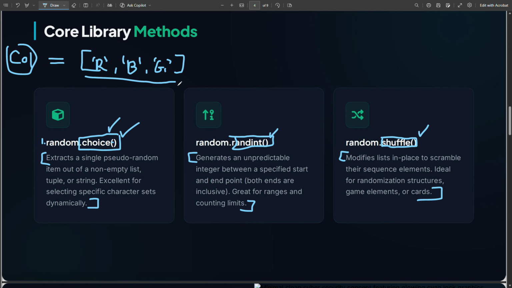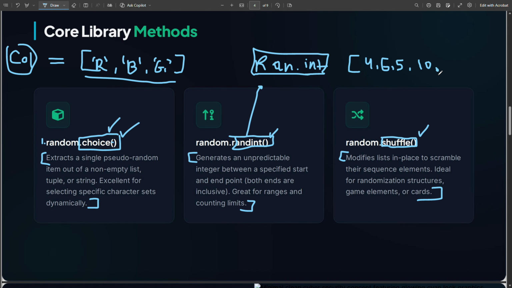Let's move to the second one, which is randint. What is randint? If I expand this, it becomes random integer. By the name of this only, you can assume what it actually does. It returns a random integer. Let's say you give a list of integers, 4, 6, 5, 10, and the last one I could take as 1.